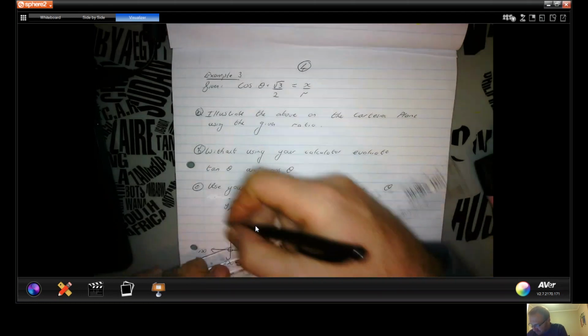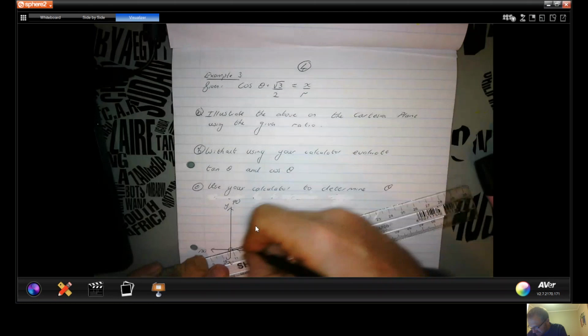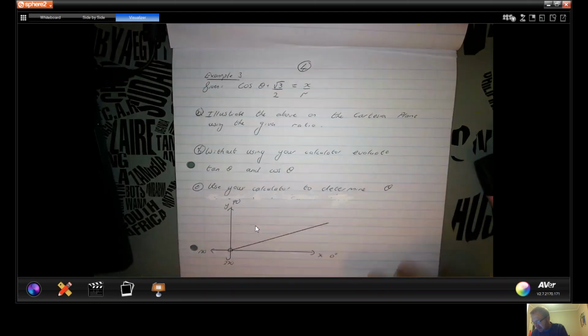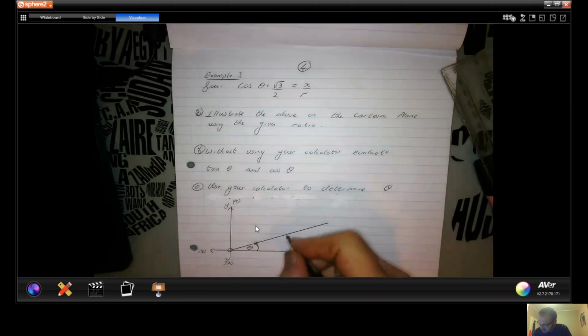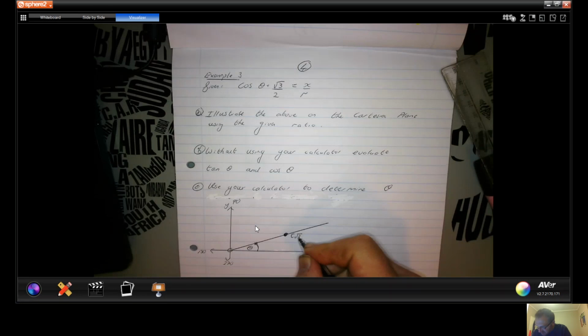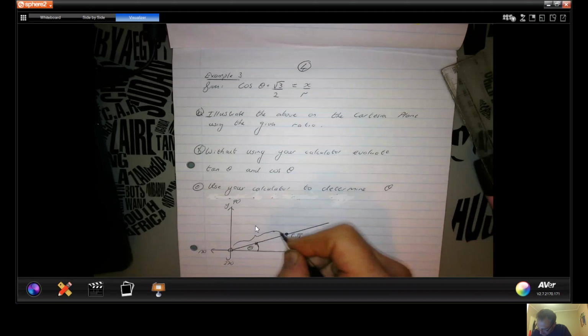If you get that size of the angle wrong, it doesn't really matter. But we've got something like this. And we don't know the size of the angle, so I'm just going to call the angle theta. But we do know, if I pick a point on this line, and if I let the x-coordinate be root 3, then the radius must be equal to 2.